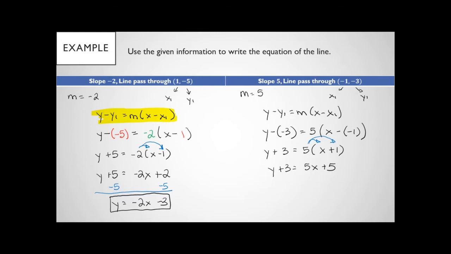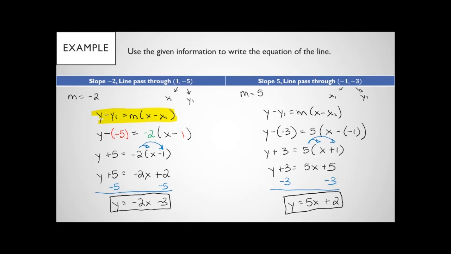So I'm solving for y because we want this in slope-intercept form. So I'm going to subtract 3 from both sides. We get y equals 5x plus 2. 5 minus 3 is 2. And so that's the equation of the line.